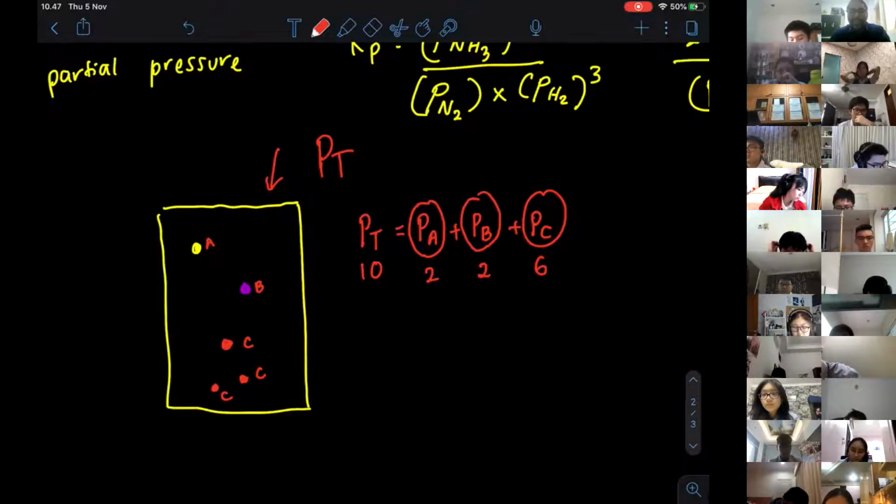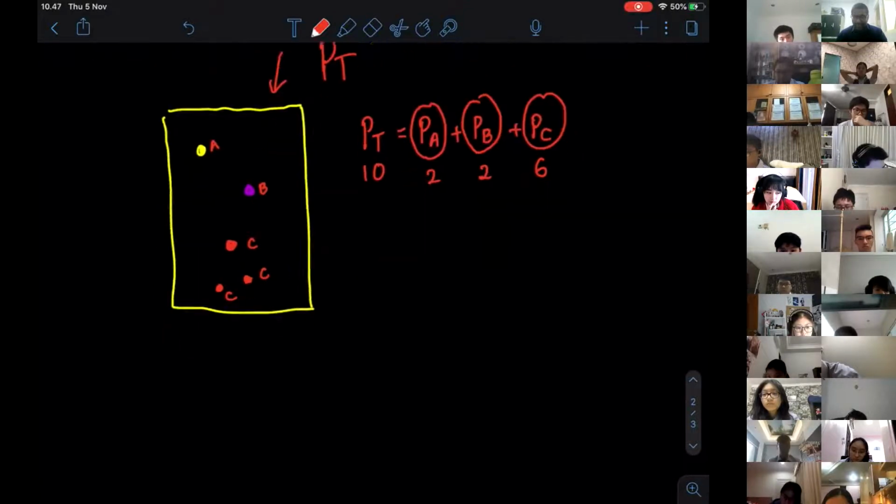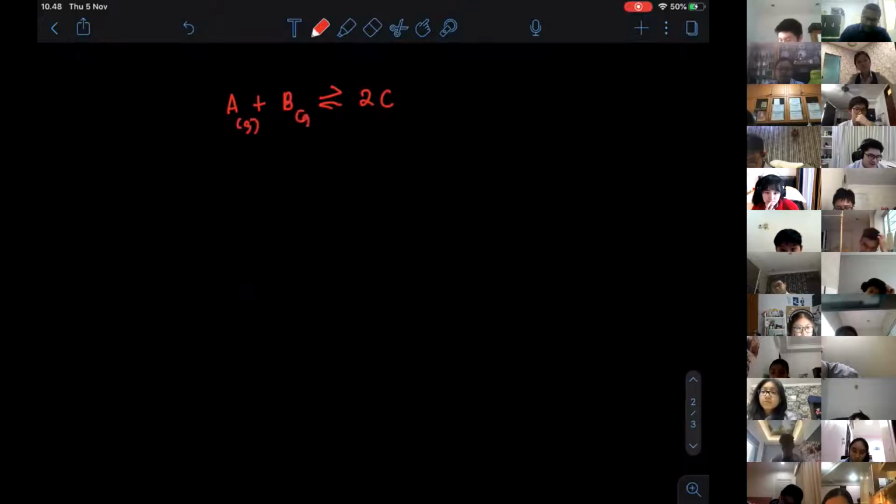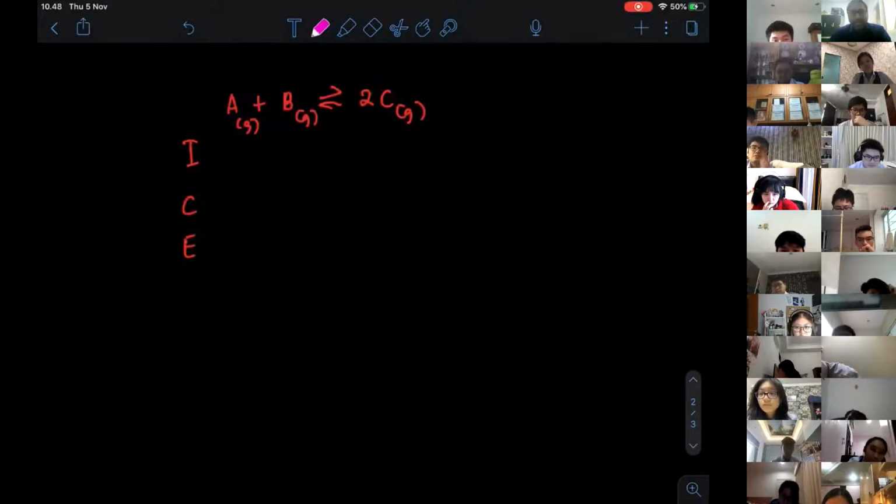How do we calculate those fractions? Okay, this calculation is quite simple. For example, let's say I have A plus B to give you 2C, and all of them are gas. And I told you about ICE, initial, change and equilibrium.